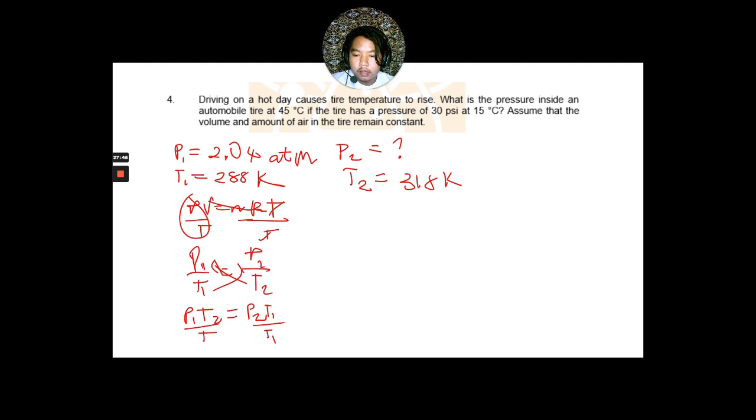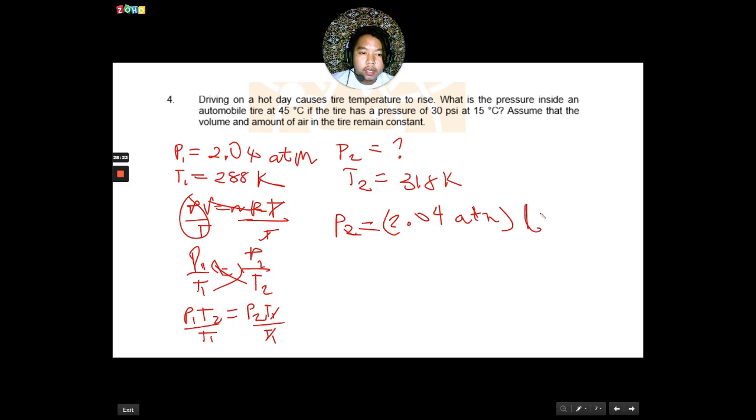T1 cancels, and you'll be left with P2 is equal to P1 T2 over T1, and that would be, direkta na natin, 2.04 atm multiplied by temperature 318 Kelvin, that's our T2, over 288 Kelvin.